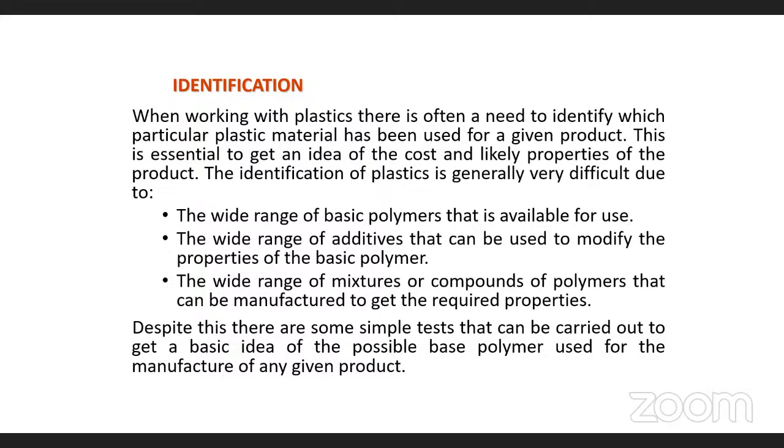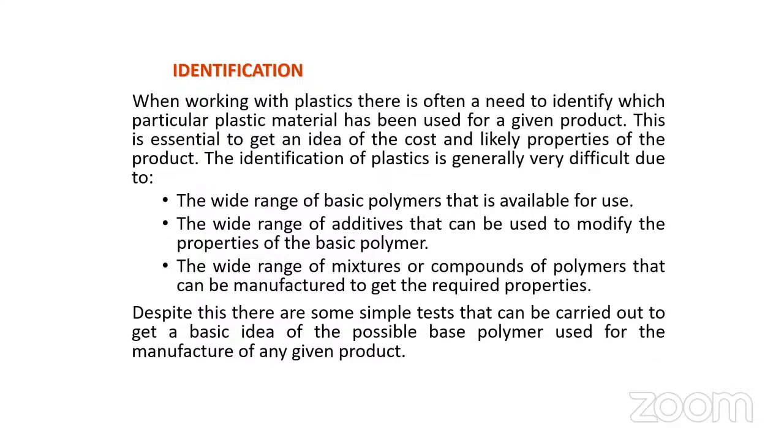Okay. The identification of plastic is generally very difficult due to several factors. First of all, the wide range of basic polymers that are available for use. Correct? These are the challenges to identify the plastic material that are listed here. First is the wide range of basic polymers, because many polymers are available in the market, in the commercial aspect.